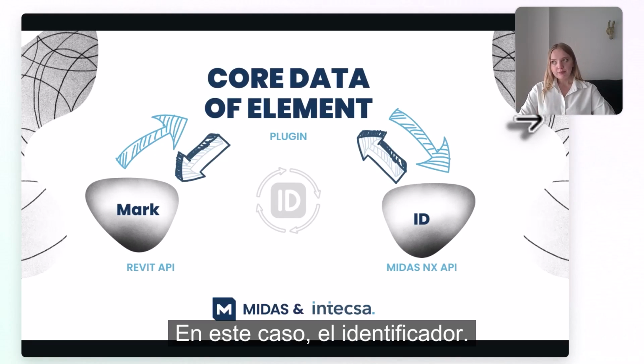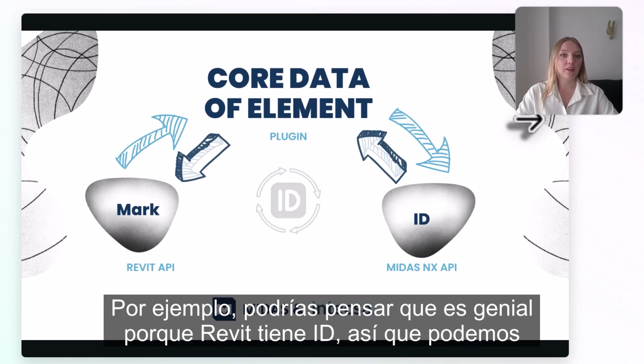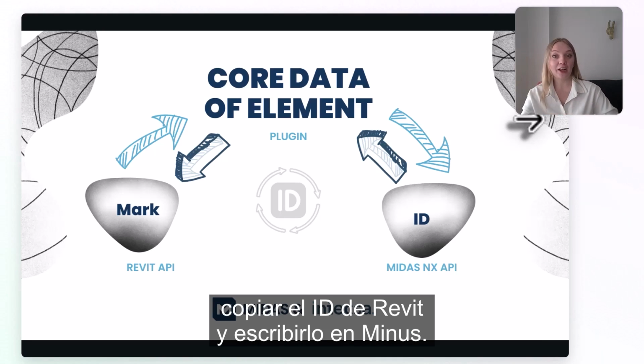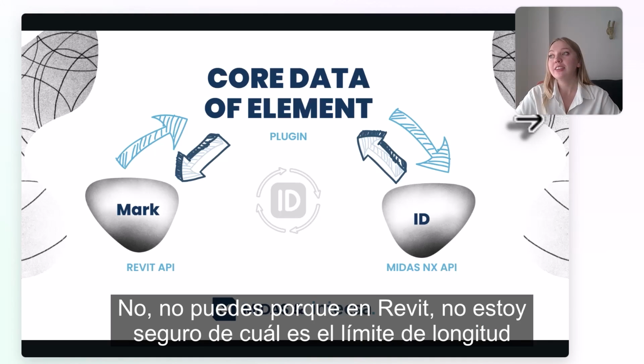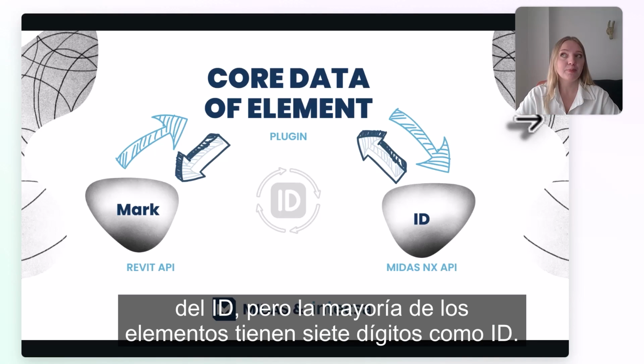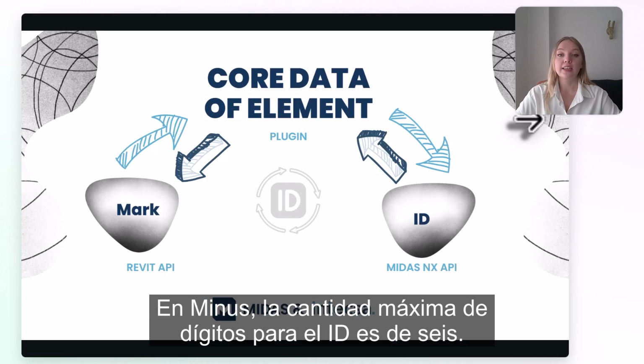And for example, you might think it's cool because Revit has an ID, so we can just copy the ID of Revit and write it down to MIDAS. No, you can't. No, you can't, because in Revit, I'm not sure what the limit of the length of the ID is, but mostly the elements have 7 digits as their ID.